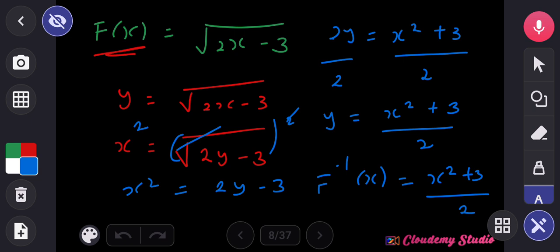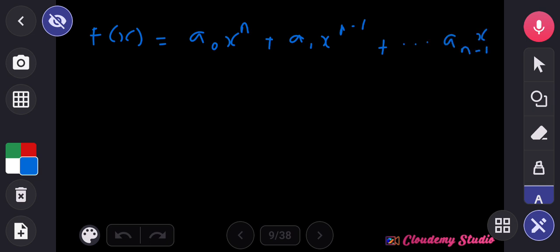What are polynomial functions? Polynomial functions are functions in the form f of x equals a naught x to the power n plus a1 x to the power n minus 1 plus, up to a n minus 1 x, till it reaches a n raised to power n.